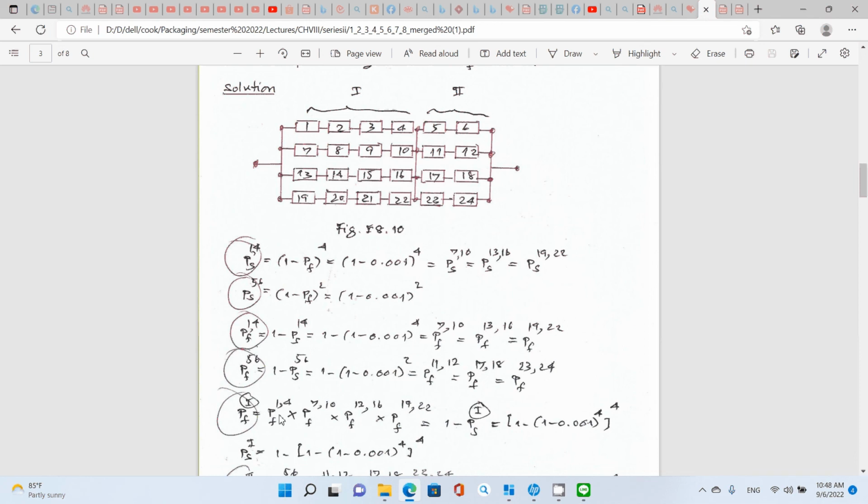Since you already have your PS of 1 to 4, you can look for PF of 1 to 4, which becomes 1 minus this term. They are all the same for components 7 to 10, 13 to 16, 19 to 22.